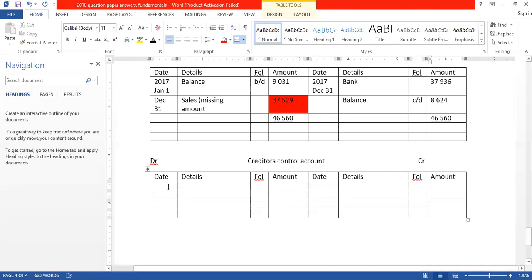Once you're done, this is now your creditors control account, and that is the ledger account that will help you get your purchases amount.